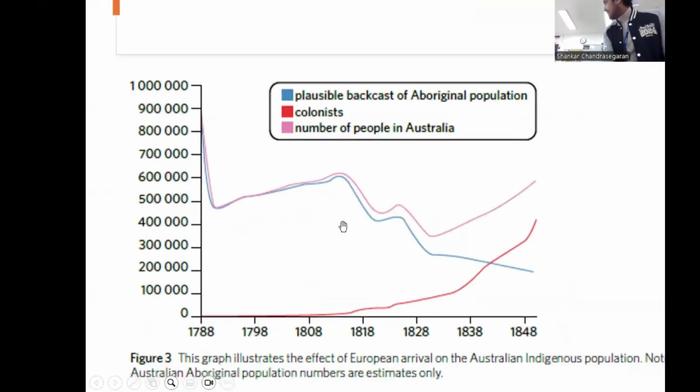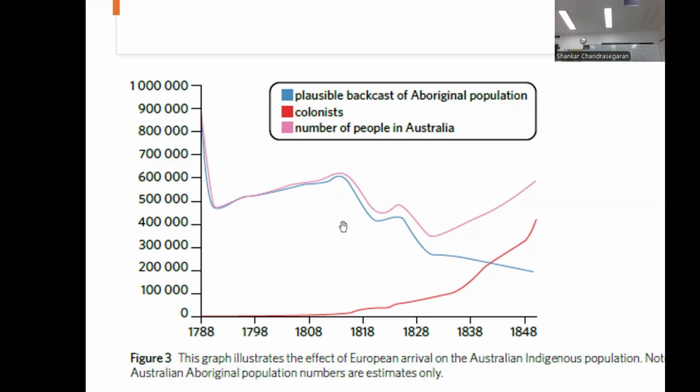So if we look at this trend right here, this is the population of Australia, the purple line. This is the number of colonists in Australia, and this is assumed to be the number of Aboriginal people in Australia at that time, and you can see that at one point there is an inverse happening where the number of colonists suddenly increases and the number of Aboriginals decreases.